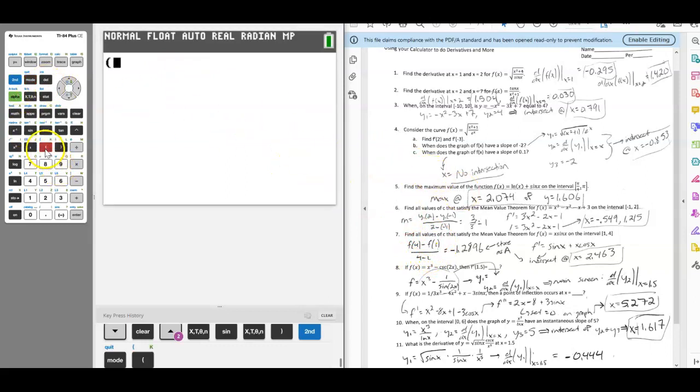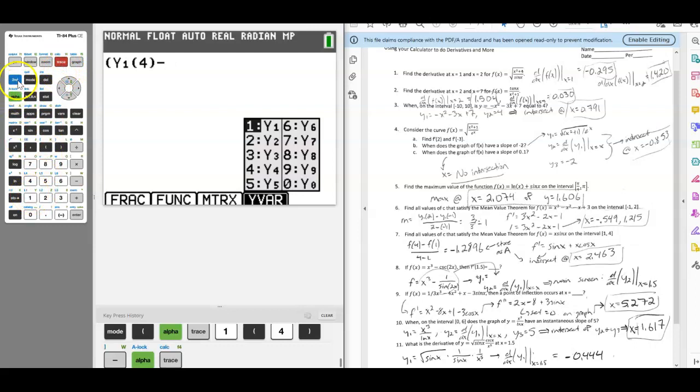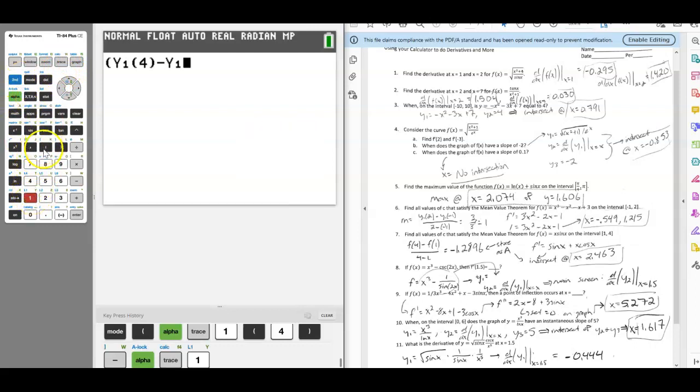Now, what I want to do is calculate this right here on my main screen. So I'm going to open a parenthesis. I'm going to do alpha trace y1, open parenthesis, at 4, close, minus alpha trace y1 at 1. Remember, I'm taking these two values right here, close, divided by, all right, again, I could do 4 minus 1 in my head.